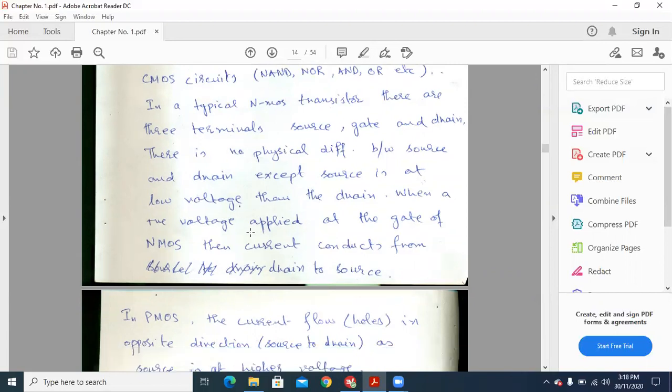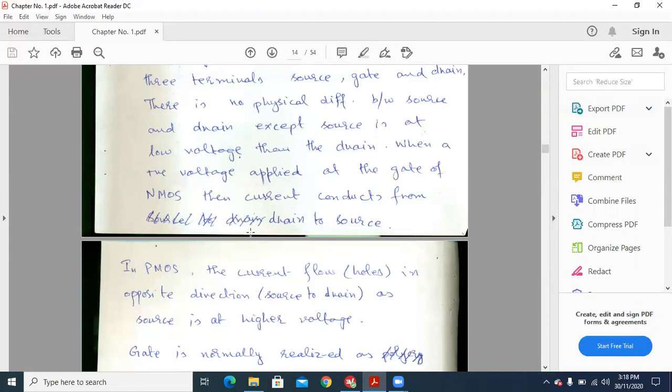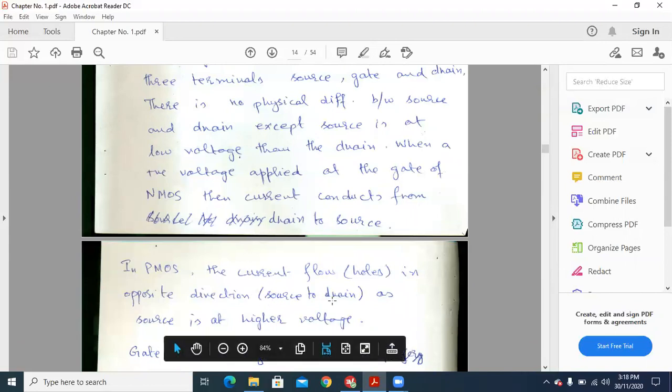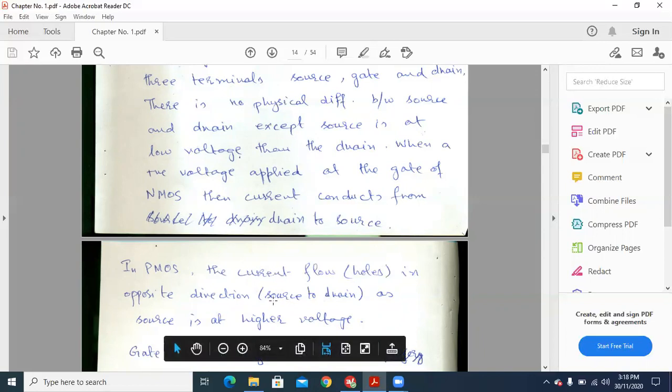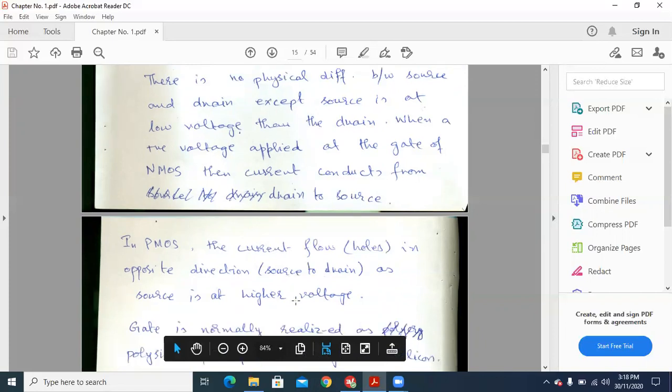In PMOS, in fact, the current flows from source to drain. Actually, in fact, the source and drain are physically the same, but the only difference is the voltage applied: the drain is positive in case of NMOS, and in case of PMOS, the positive voltage is applied at the source.